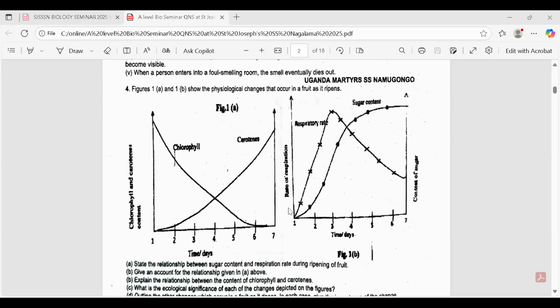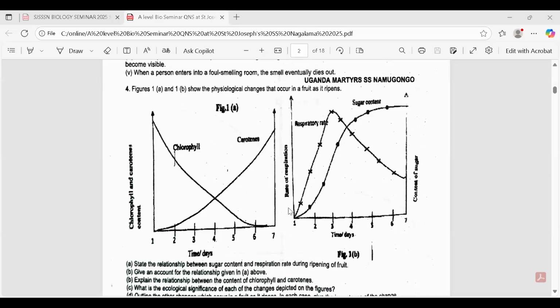So that's the reason carotenoids were increasing, to add color to the fruit to attract dispersal agents. Have we noted that? Carotenes are colored to attract dispersal agents, to enable the dispersal of seeds from one area to another. That's why it was colored.